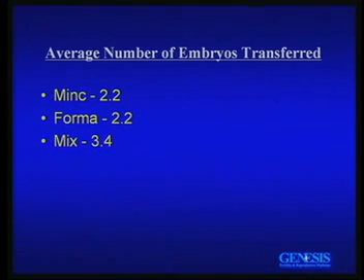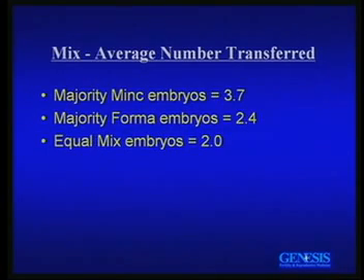I also looked at the average number of embryos that we transferred, 2.2 in the MINC, 2.2 in the Forma, and a higher 3.4 when we put back embryos from both systems. When I broke down the mixed system, the average number of embryos was 3.7, 2.4, and 2.0.